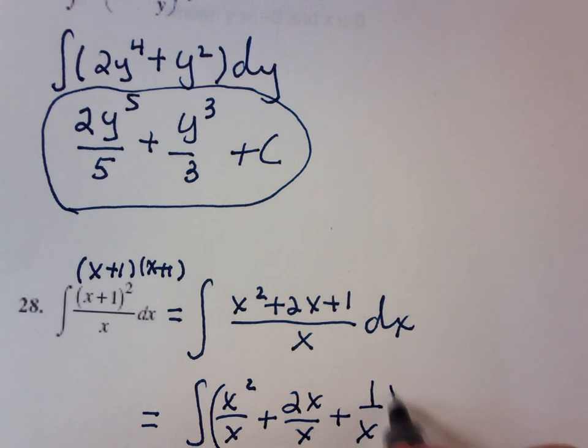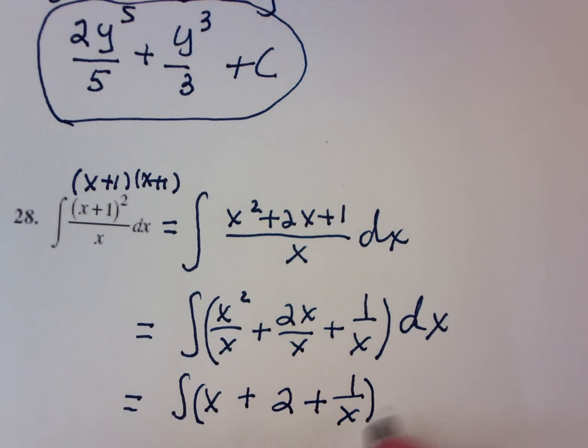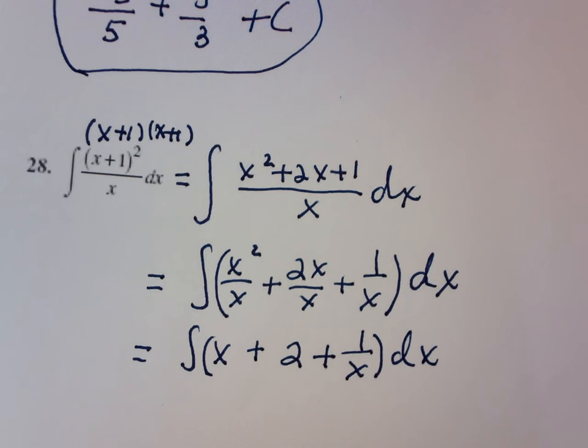Now the integrand is more than one term, so I'm going to put it in parentheses, dx. Simplify, this is the integral of x plus 2 plus 1 over x dx.